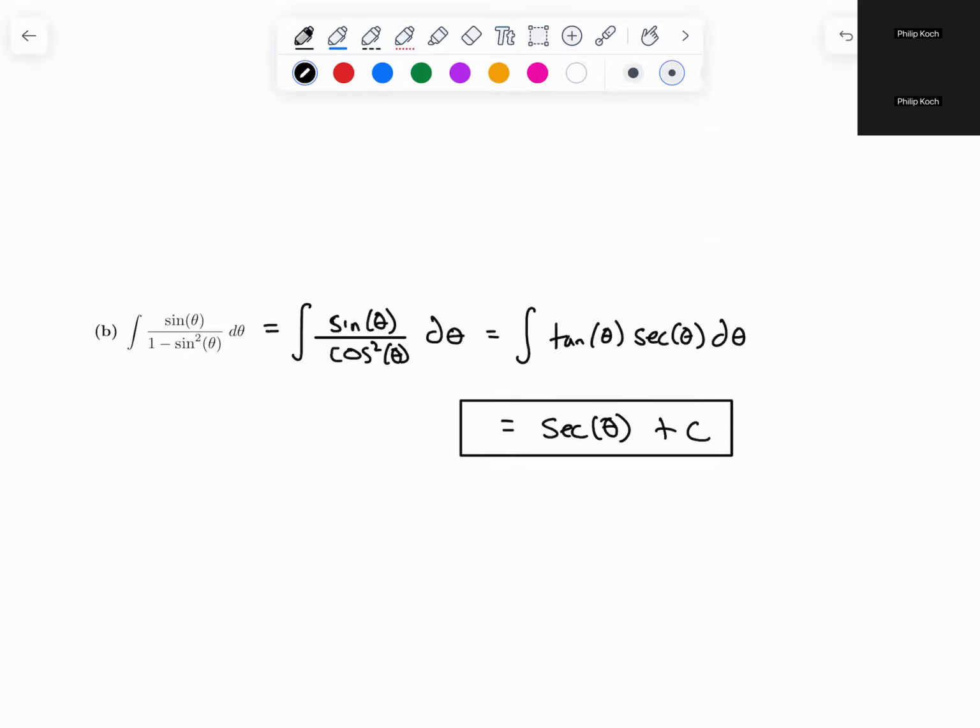I bring this problem up because I want to mention something that's very, very strange about differentiation and integration. If you take the derivative of secant theta, you do not get back your original integrand. You need to use some trig identities to convert it to that format. The point being is that sometimes it's a limitation.